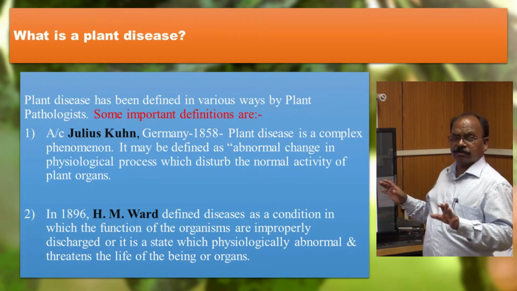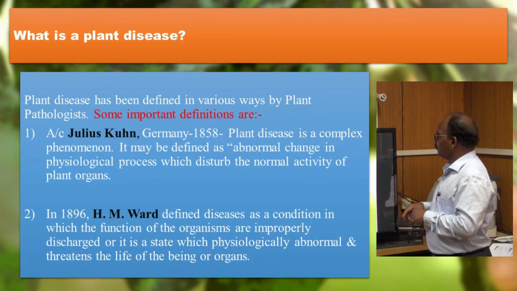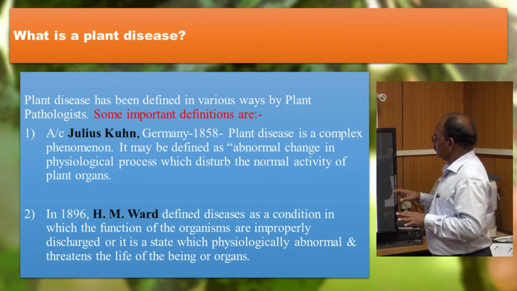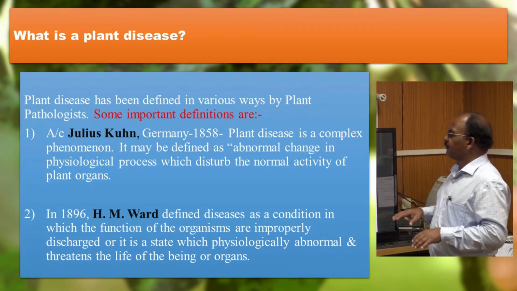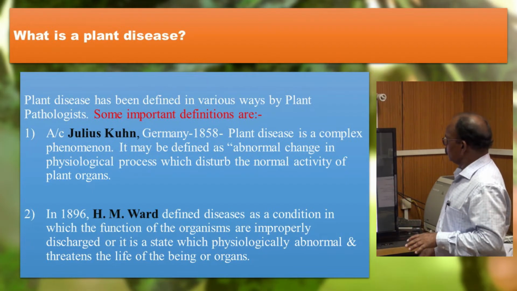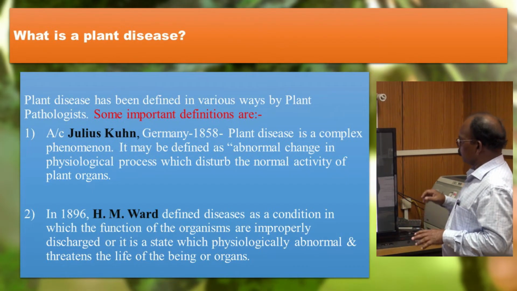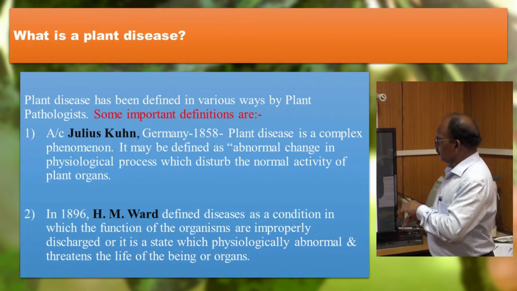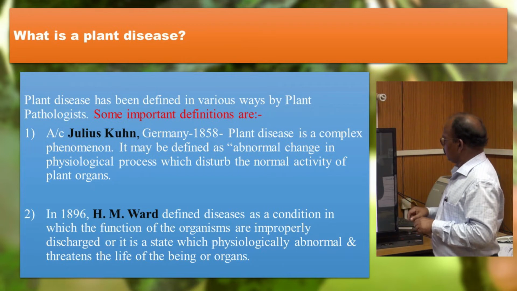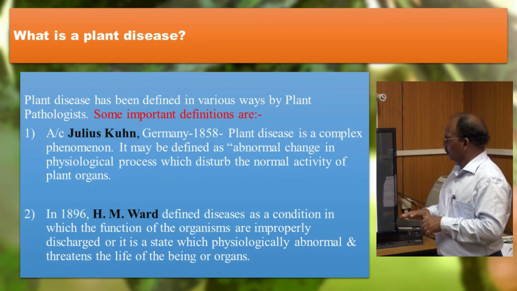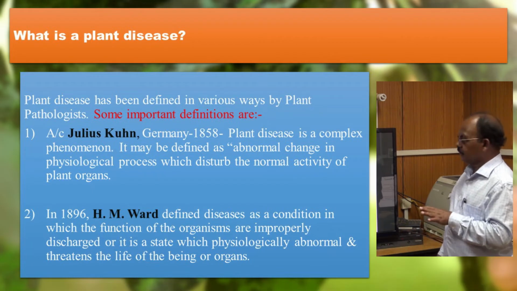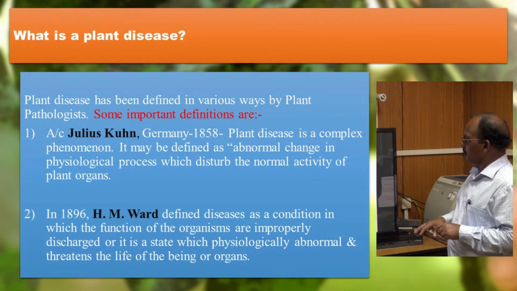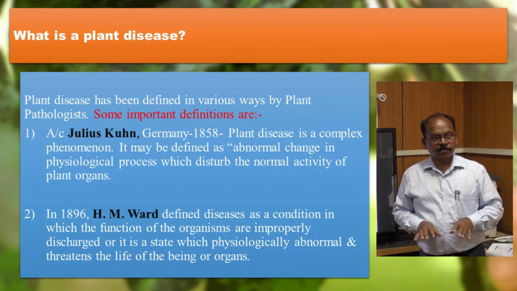According to Julius Kuhn, in 1858 from Germany, disease is an abnormal change in physiological processes which disturbs the normal activity of plant organs. In 1896, H.M. Ward defined disease as a condition in which the functions of the organism are improperly discharged, or a state which is physiologically abnormal and threatens the life of the beings or organs.